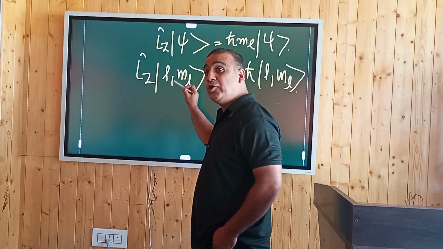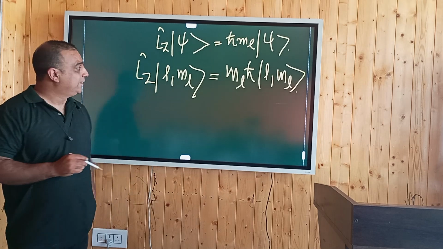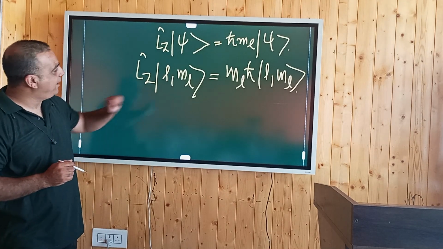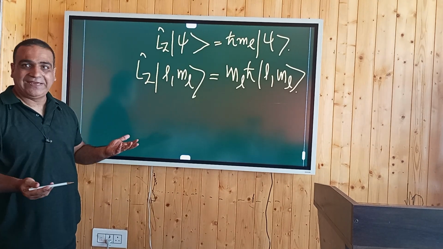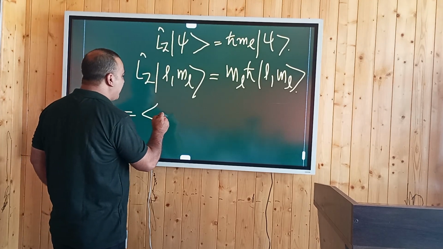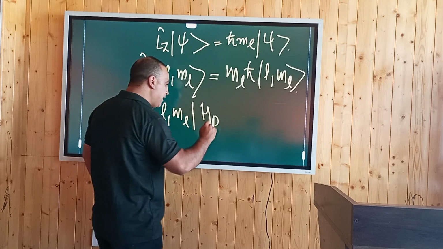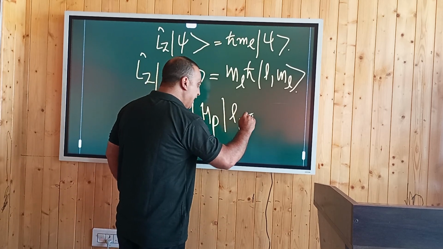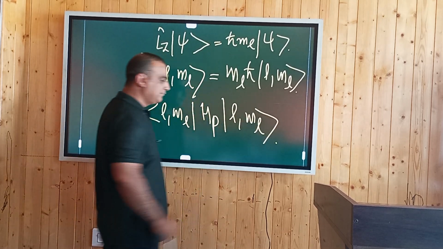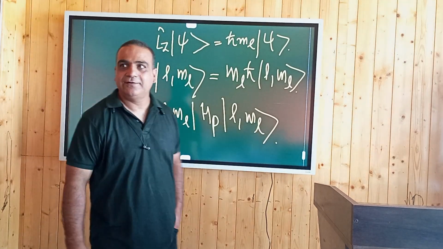It's your psi naught. Are you getting my point? So, from here, what I want to calculate is basically the matrix element of L, ML, HP, L, ML. This is what I have to calculate.